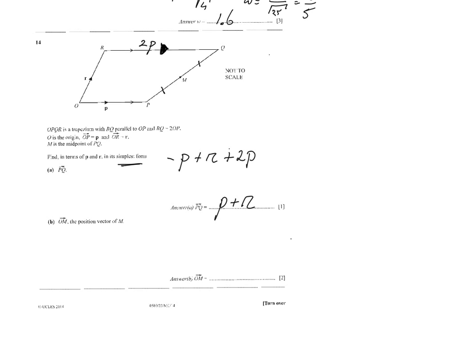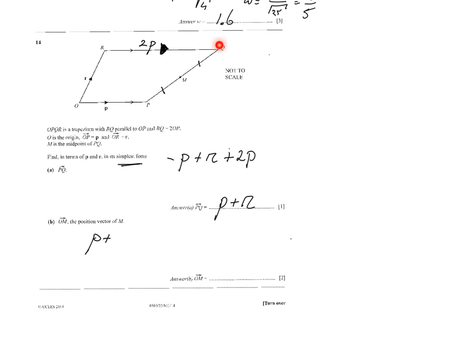Moving on now to the second part of this question, they ask OM, so from the origin to M, the position vector of M. Find in terms of P and R in its simplest form OM. To go from O to M, I first have to travel to P, so I'm going to write P plus, and M is the midpoint.